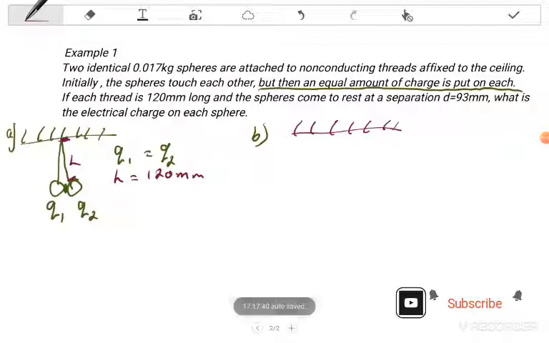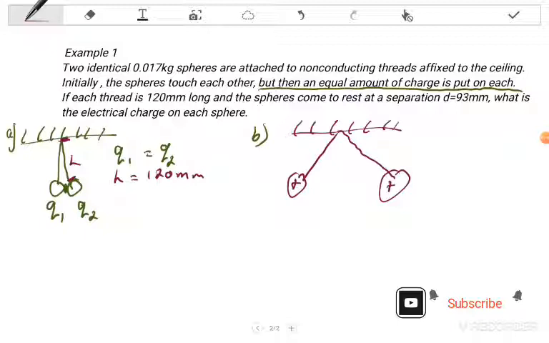Since each sphere has an equal amount of charge, and they're both positively charged or both negatively charged, they're going to repel, because we know from Coulomb's law that two charges with the same sign repel, but two charges with opposite signs attract each other.